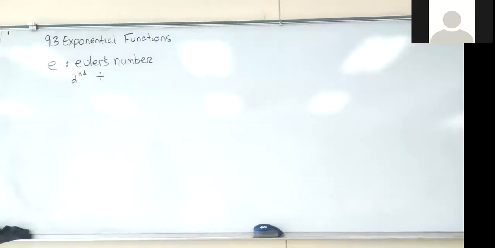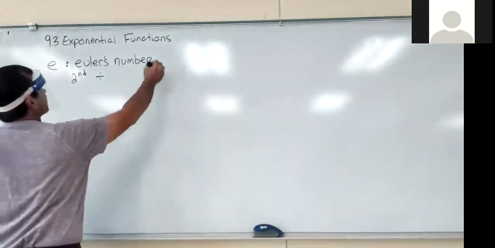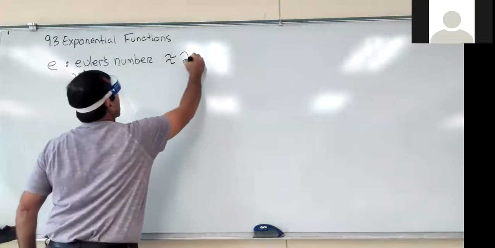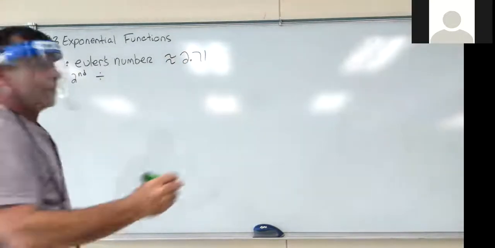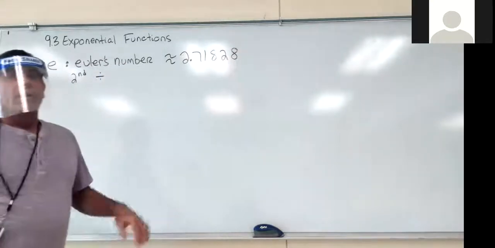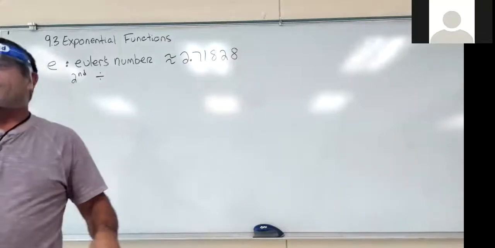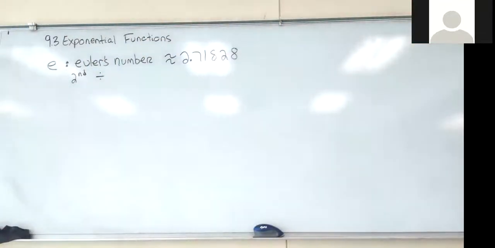And if you want to see what its value is, we just hit enter on that. And it's roughly 2.71828. And I use curvy print equals to mean we're approximating it because it's a never-ending decimal just like pi.